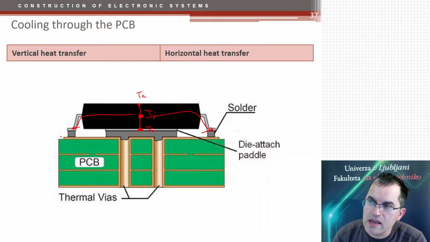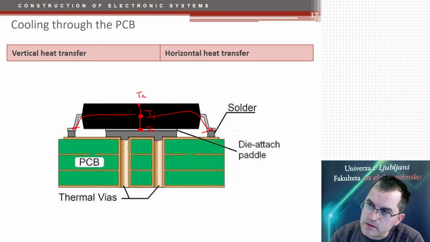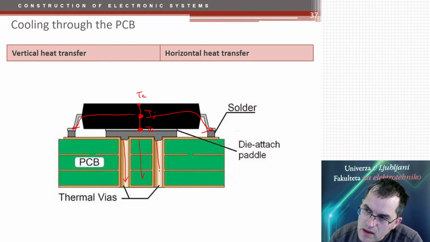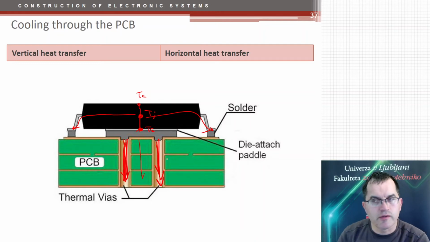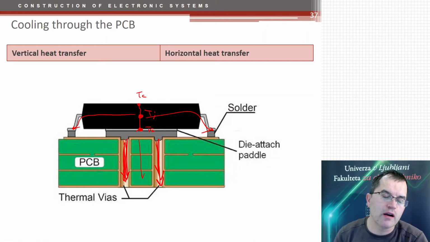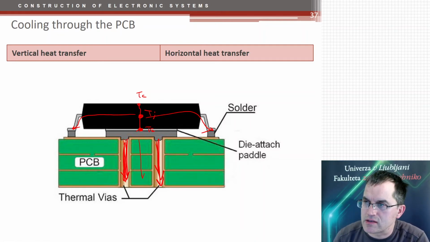So when the heat is at the surface of your component, it is transferred vertically through the PCB, and mainly, really mainly, it is transferred through wires, because wires are made of copper, and copper is a far better conductor than the rest of the PCB. When it is transferred vertically, it is also transferred horizontally through the PCB layers.